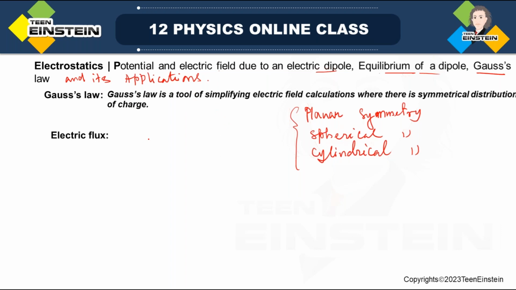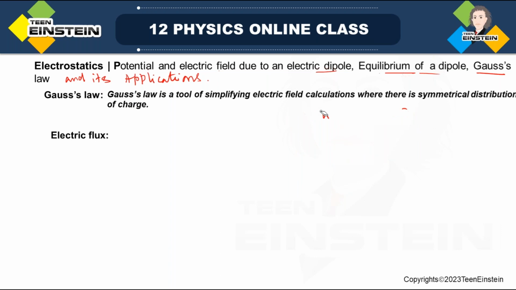Before we discuss Gauss's law, first let us see what is called electric flux. If you understand the meaning of flux now, it will be easier to understand Gauss's law, and also magnetic flux.